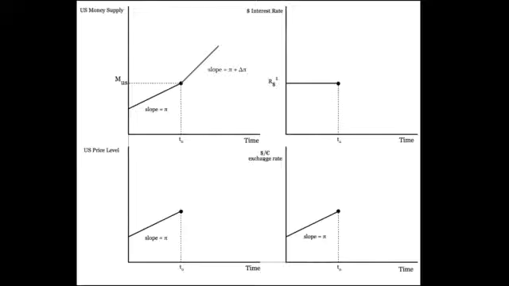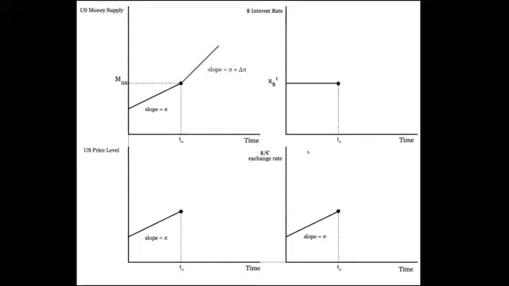So, for example, we said there was zero inflation in the Eurozone, that the money supply was not growing. So there's going to be an increase in the supply of dollars relative to the supply of euros. So it's going to be anticipated that the dollar will depreciate in value.